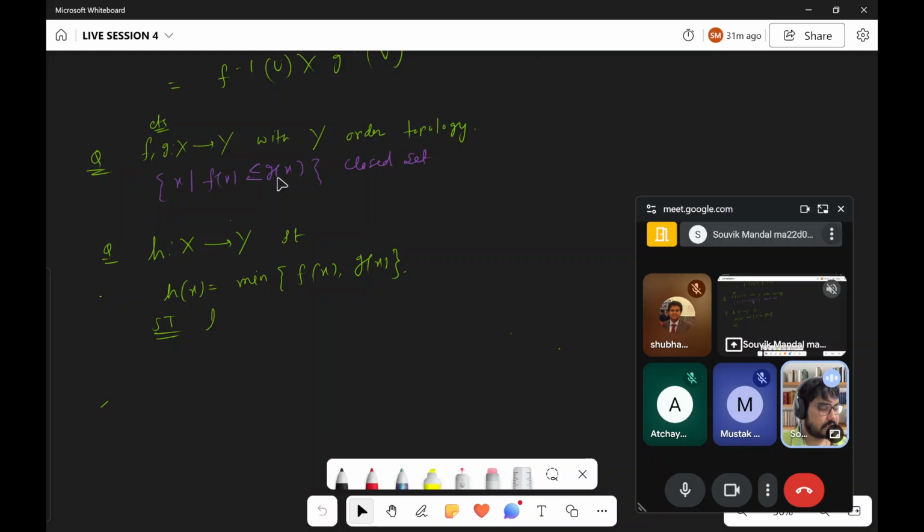Show that H is continuous, given that F and G from X to Y are both continuous. So the exercise is telling us as follows: suppose F and G are two maps from X to Y, and of course Y has the order topology. Now we are defining H, which is the minimum of F(x) and G(x). We need to show that H is continuous.